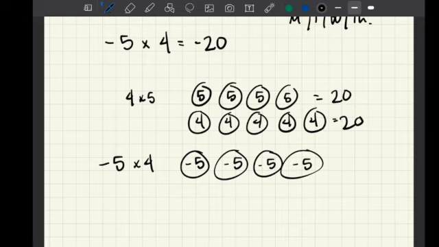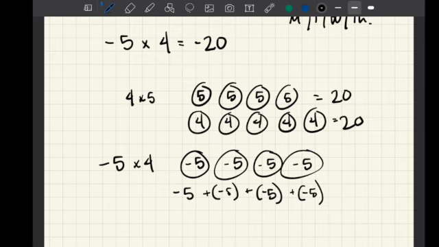And so this is like saying negative 5 plus negative 5 plus negative 5 plus negative 5. Whoa, that looks kind of crazy. When we add these together, we know that negative 5 and negative 5 is negative 10, and then negative 5 and negative 5 over here is negative 10.